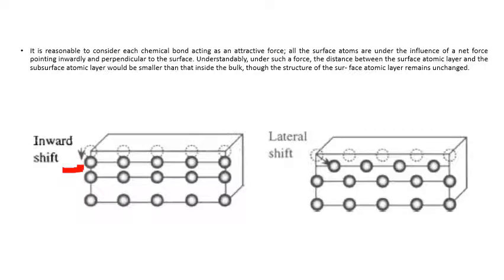See here. Here the first is this top surface and the second one is this. Now the distance shifting is observed here. And the shifting plays a very important role here.